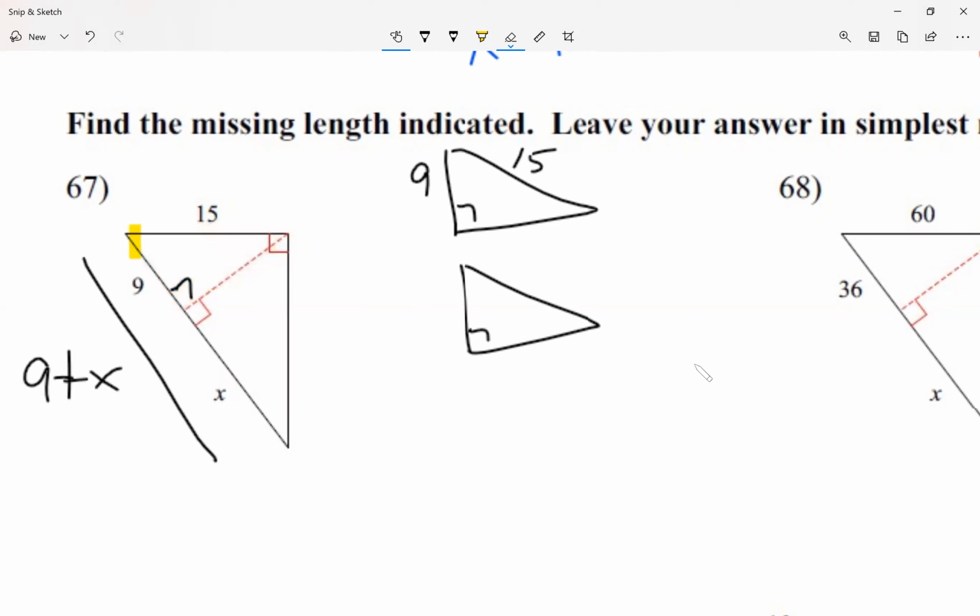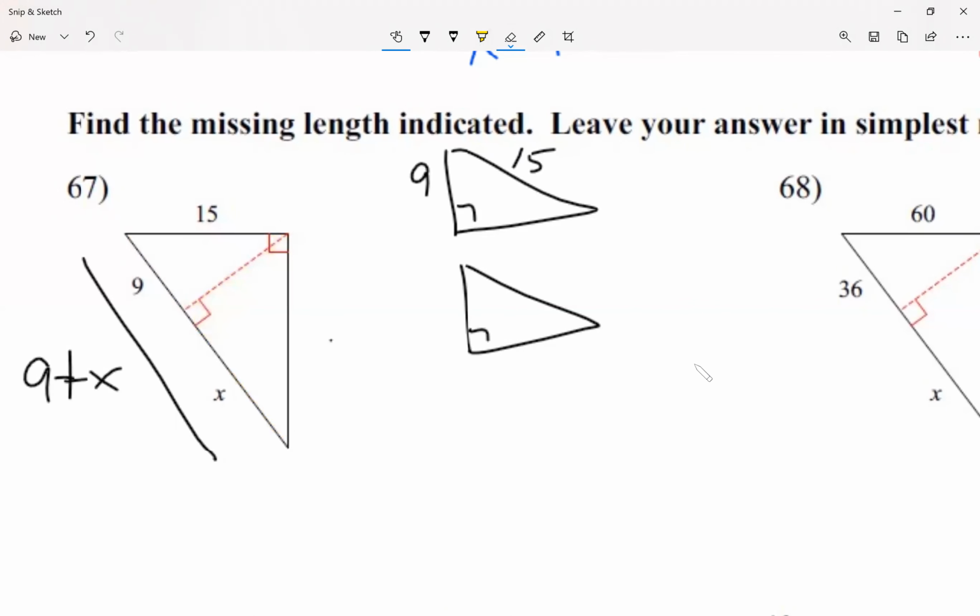Now the other triangle, let me show another triangle. I might use it, I might not. For this measurement, I only know x. But the other two sides, let me put question mark, I don't know, right? I only know one side is x, but I have no idea. I have no information about the other two sides. So I cannot use that triangle.